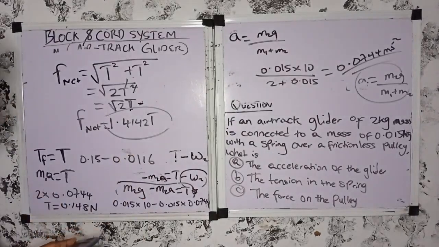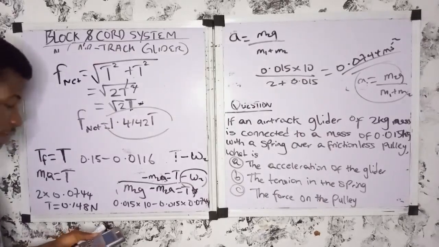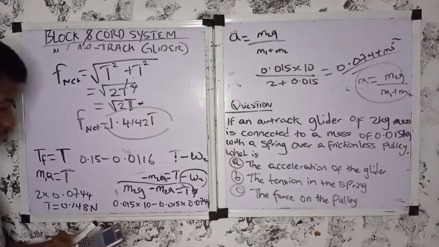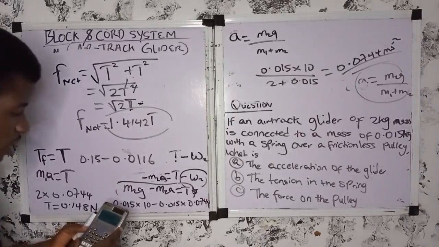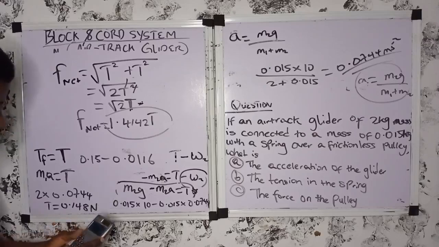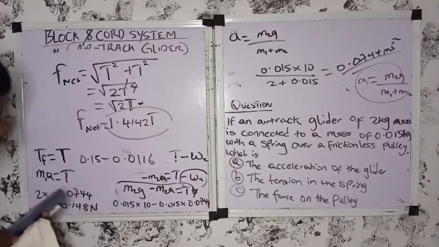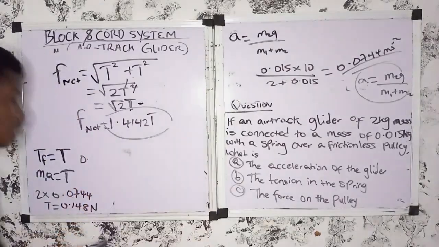If we subtract it, 0.15 minus 0.0116 gives us 0.138, which is contradicting. Let's do it again.